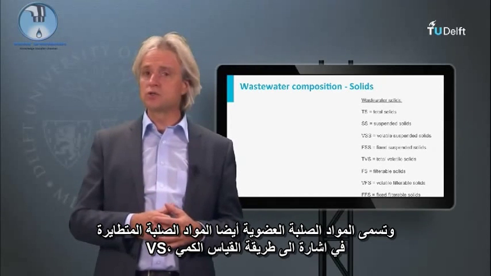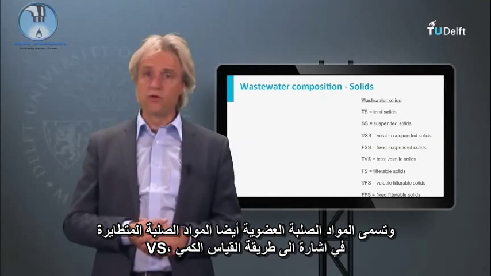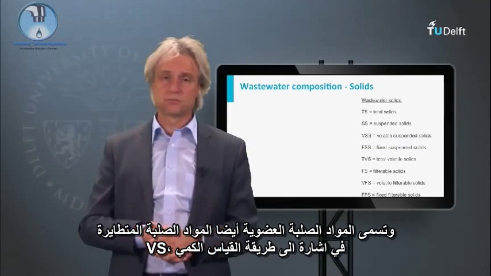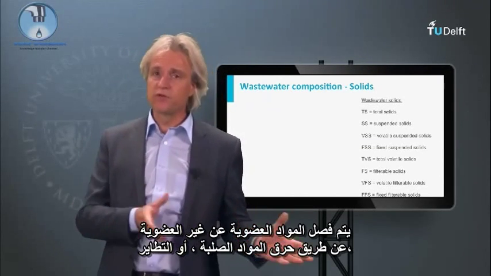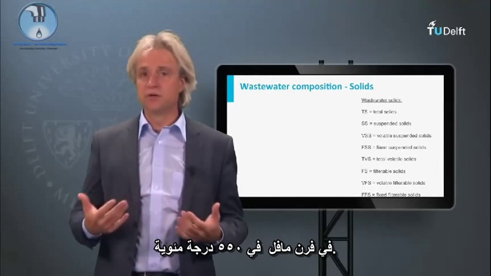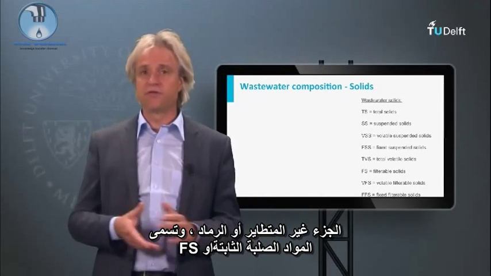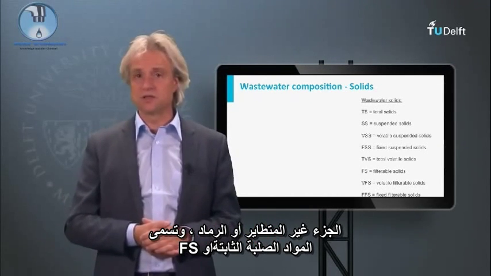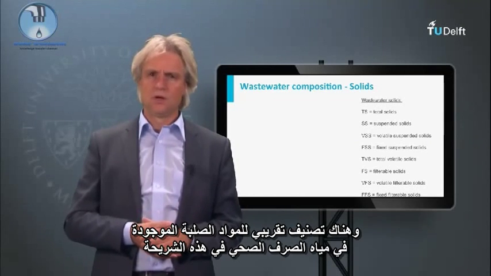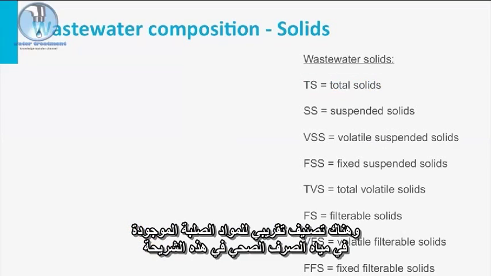Organic solids are also called volatile solids or VS, referring to the way of quantification. Organics are separated from the inorganics by burning the solids or volatilization in a muffle oven of 550 degrees Celsius. Non-volatile fraction or ashes are called the fixed solids or FS. A rough classification of the solids present in the sewage is given in this slide.